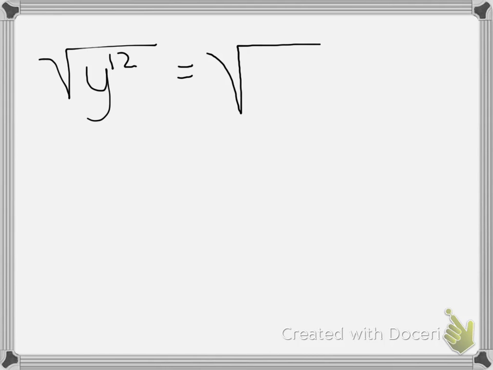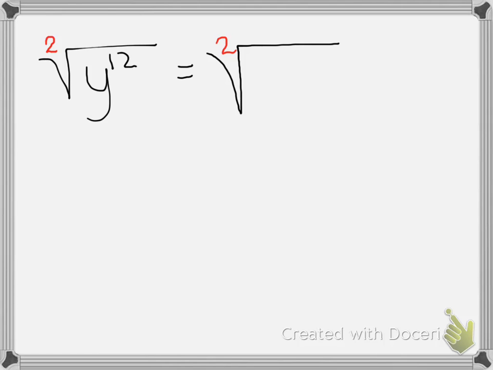So let me see. How about this one? y to the 12th. In your head, you just have to think: how many y's could I get? If you're getting confused with this when there's no index, just write it in.